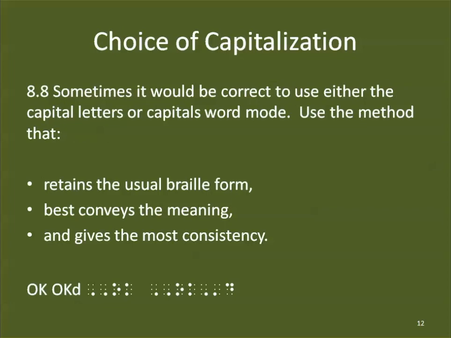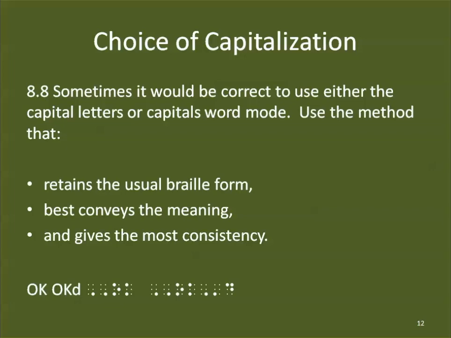Sometimes it would be correct to use either the capital letter or the capitals word mode. Use the method that retains the usual Braille form, best conveys the meaning, and gives the most consistency. An example of that would be OK.